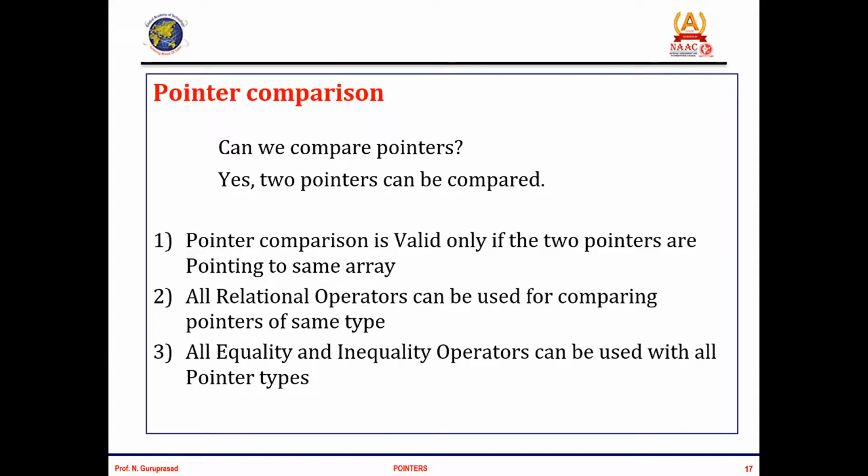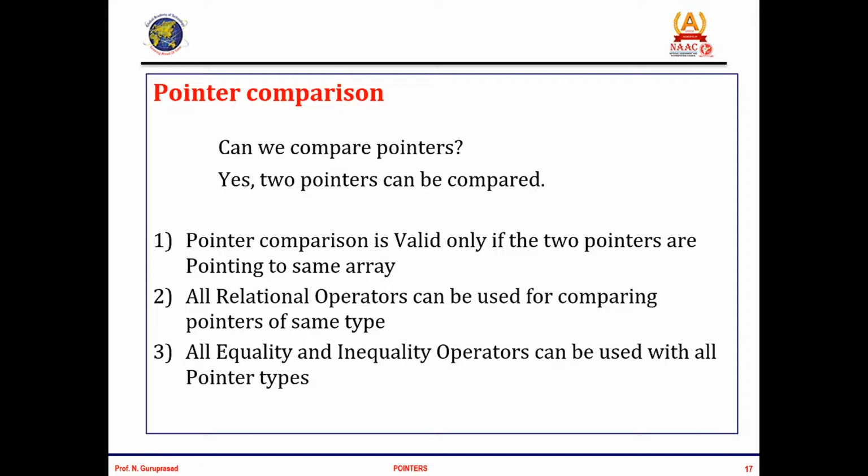Pointers can be used in conditional statements like other variables. All the comparison operators can be used with pointers, whether it is less than, greater than, or not equal to, all the 6 relational operators. For example, suppose in sorting an array we are using 2 pointers.